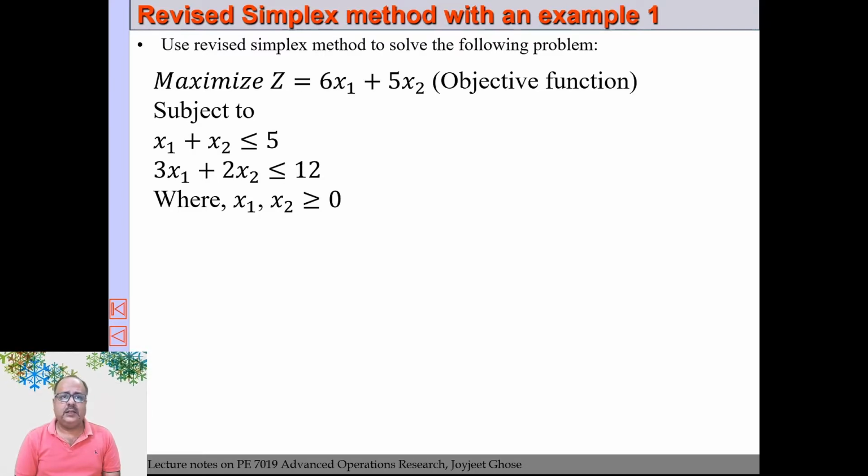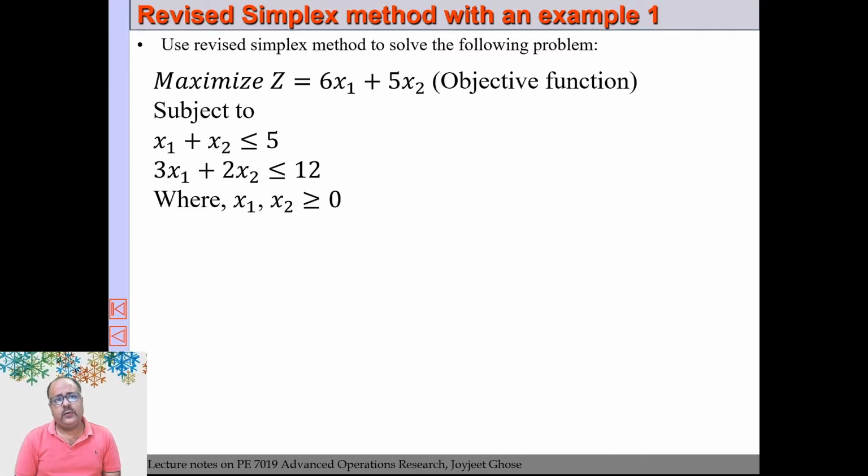Before I start, I want to point out the reason why revised simplex method is important. In conventional simplex method, if you do it by any kind of computing device, in each iteration a large number of values of the variables has to be stored if the problem is a large one, and that requires much more computation.